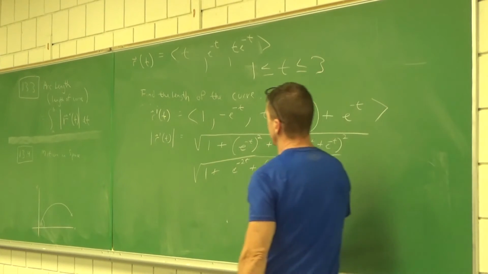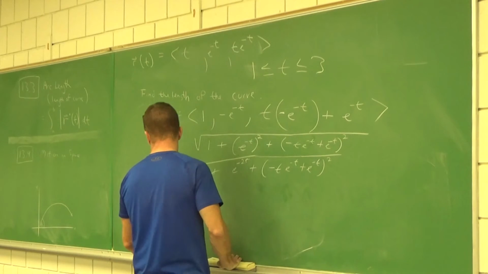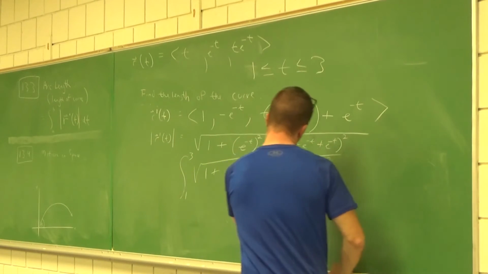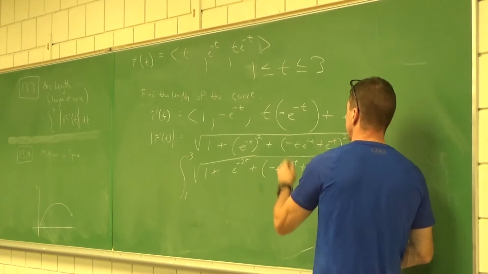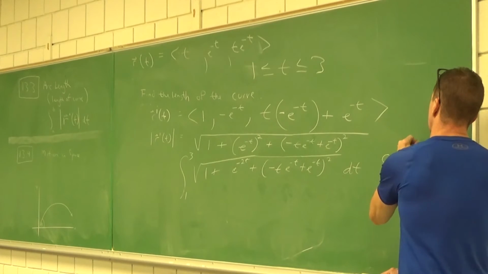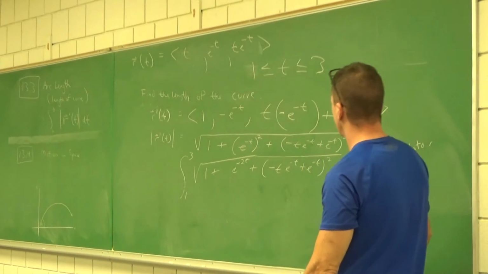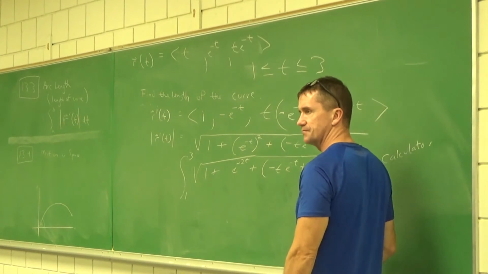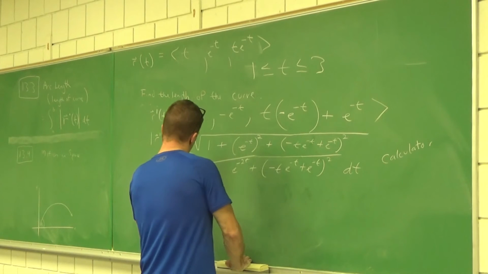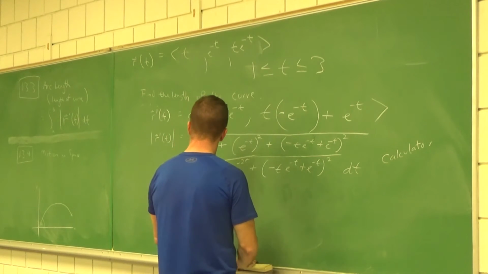So now we can put this in a what? Integral. What are the limits? 1 to 3, and I'll put my dt. But calculator. That's what the TI-83 or 84. Was it Math 9? If you've got an old one like mine, then I have to write an integrate, type it all in.